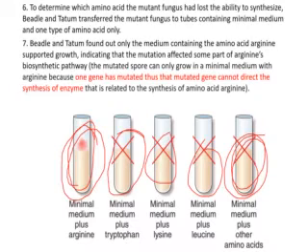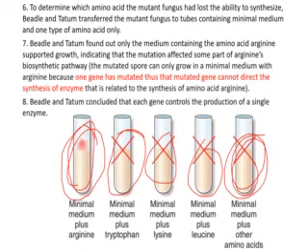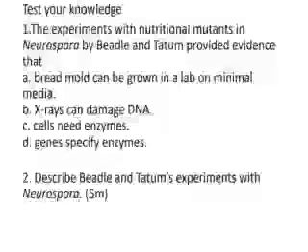One gene in the mutated Neurospora cannot direct the synthesis of an enzyme, and the synthesis of this enzyme is needed to synthesize the amino acid arginine, which will support growth. So Beadle and Tatum concluded that each gene controls the production of a single enzyme. That's about the Beadle and Tatum experiment.